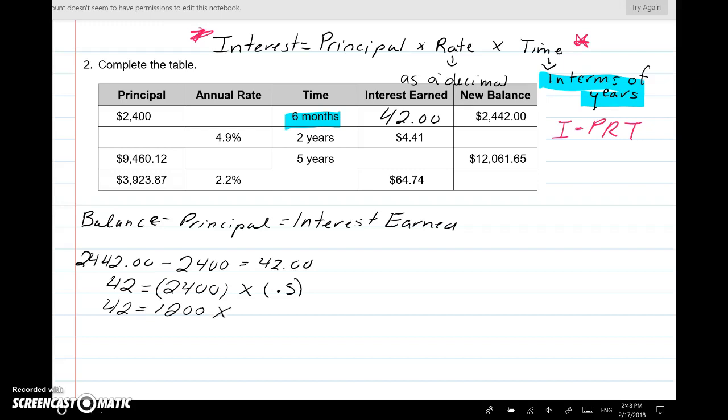All I did was multiply 0.5 times 2,400. Divide both sides by 1,200. And I get that x equals 0.035. This is my decimal. I need to turn it into a percent. Move my decimal over twice and I get 3.5%.